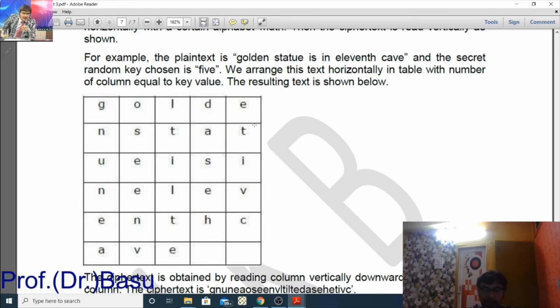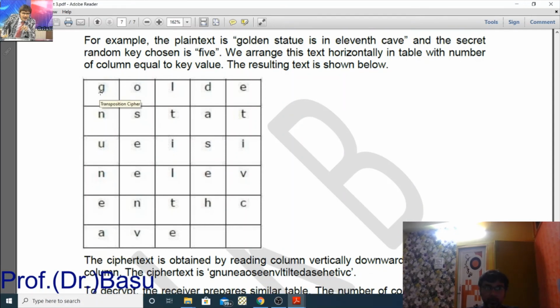Here we write using the row method, but for getting the cipher text we consider the column method. Means the resulting text will be this.